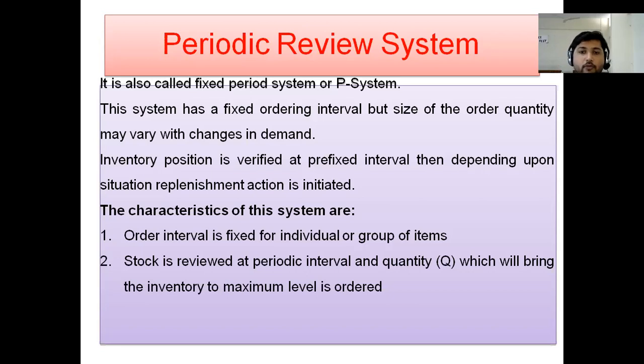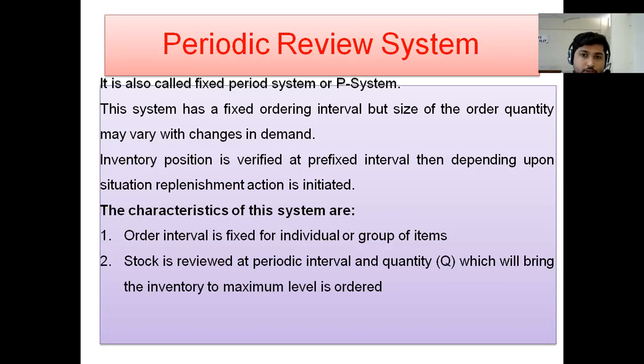Let us consider that a particular product needs to be bought every 15 days. Here the period is fixed. After 15 days you have to place the order, or after 1 month you have to place the order, of a particular product or a particular raw material. So here the period is fixed.